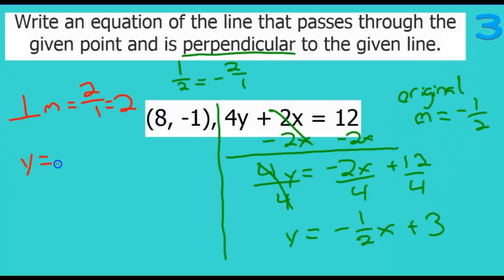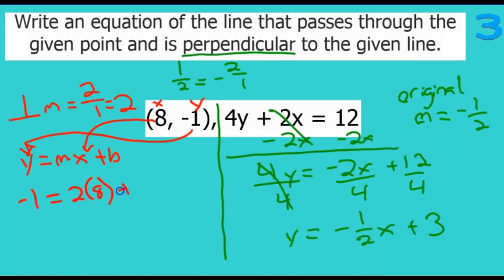If we put this into y equals mx plus b, our x is our 8, our y is our -1. So 8 goes into x, -1 goes into y. So we have -1 equals 2 times 8 plus b. 2 times 8 is 16. 16 plus b equals -1.